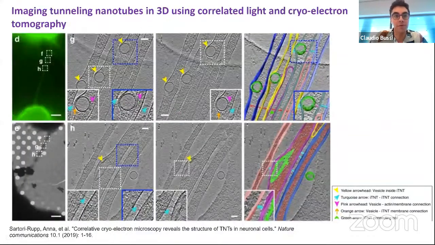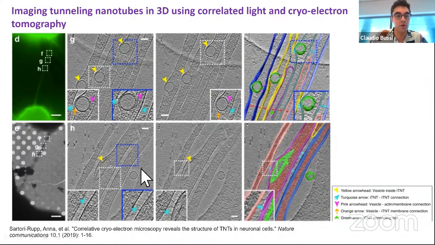Este es otro ejemplo en donde, en este caso, lo que se hace es microscopía correlativa de nanotubos. Fíjense la microscopía de fluorescencia. Ellos seleccionan tres áreas de este nanotubo. Los nanotubos, ustedes probablemente sepan, son muy importantes para la comunicación intercelular, pero se sabe muy poco de la ultraestructura de ellos.